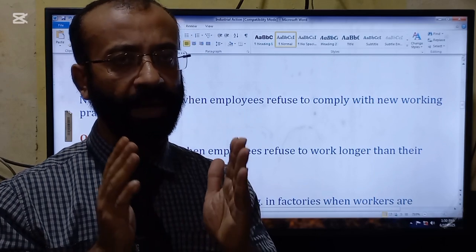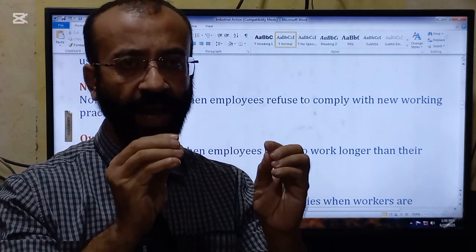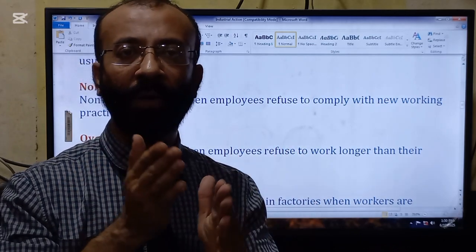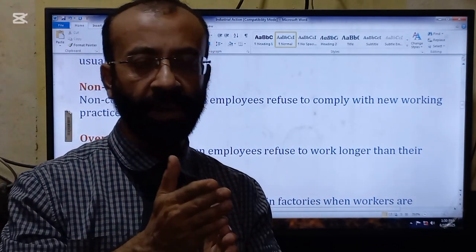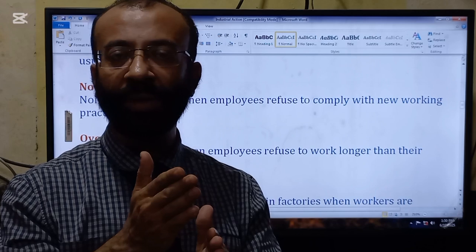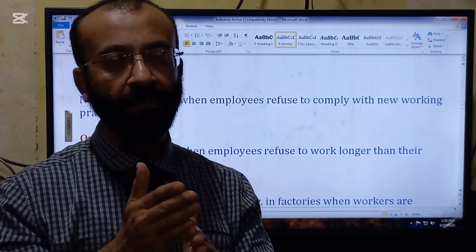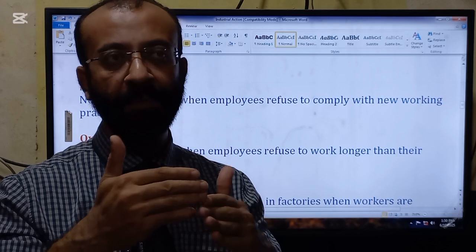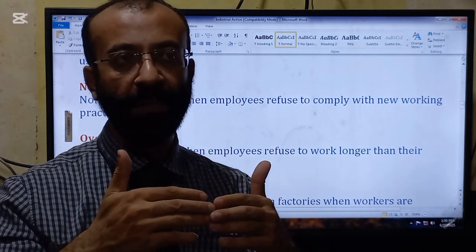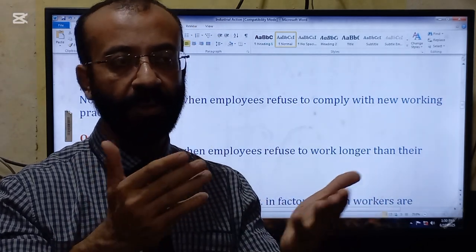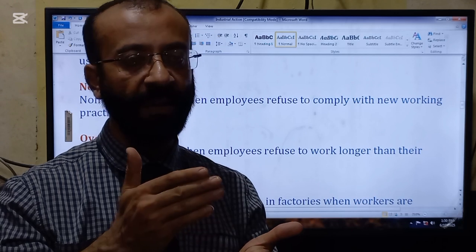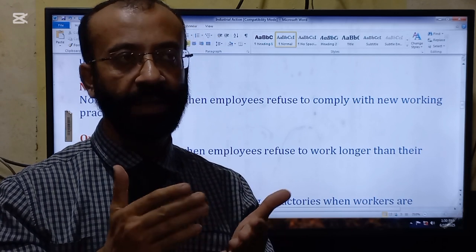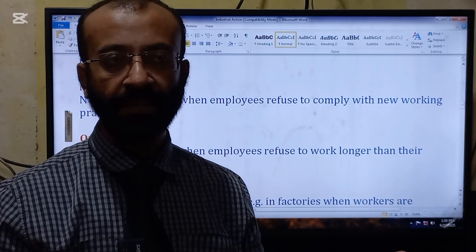So when workers see that demand is high, they refuse to work for longer hours, for overtime. This will again affect the production level because the requirement of production is high. When they refuse to work longer hours, definitely production will be less.